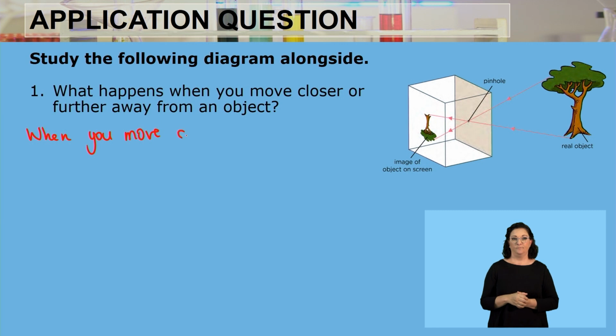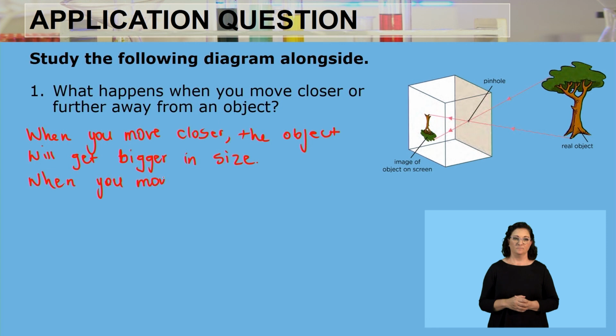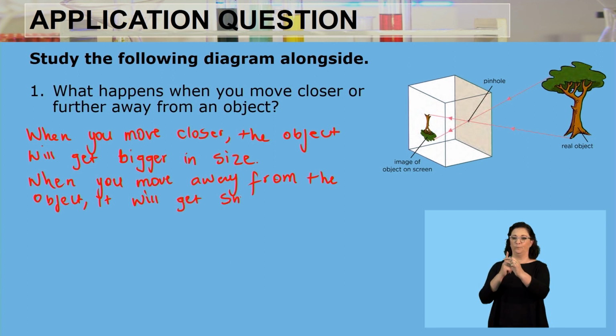When you move closer, the object will get bigger in size, and when you move away from the object, it will get smaller in size.